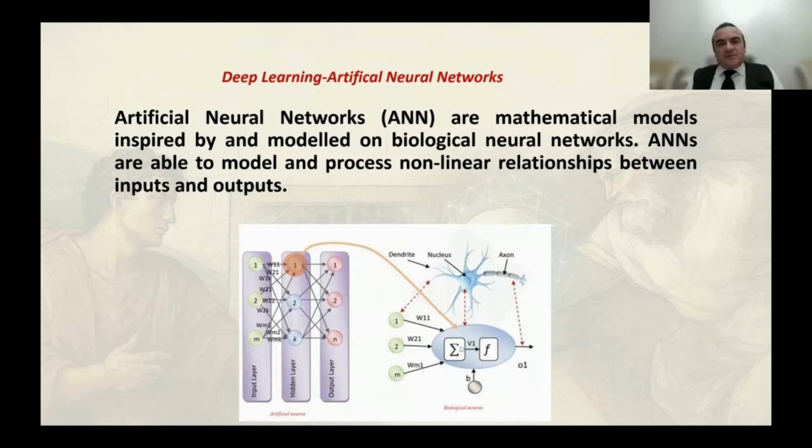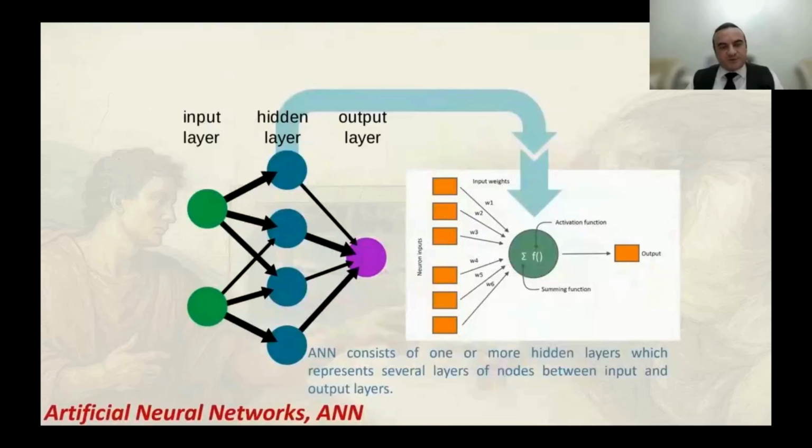When we are talking about deep learning, of course, we need to identify artificial neural networks, which are mathematical models inspired by our biological neural networks. These neural networks are able to model and process nonlinear relationships between the inputs and outputs.